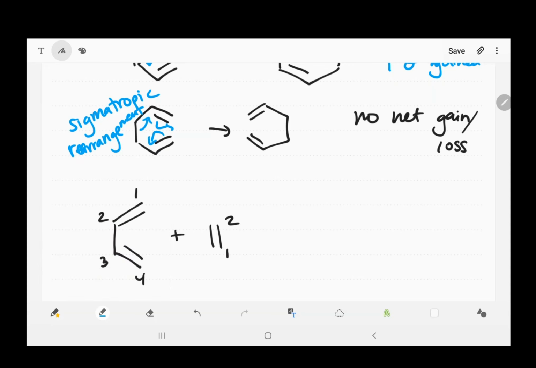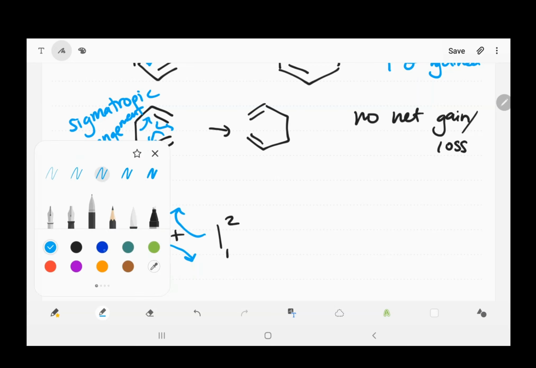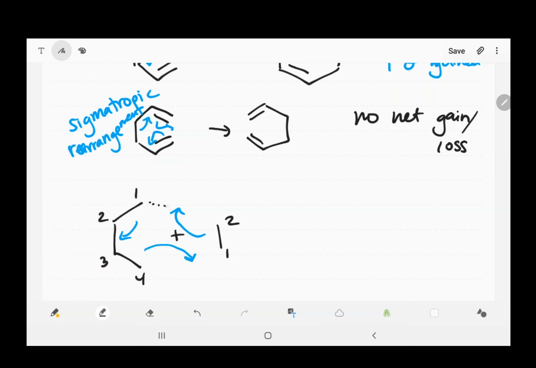If we go ahead and push some arrows, moving things around here, we're going to see we end up with a transition structure that is kind of our 6-membered ring. So I just get rid of all of our double bonds here. Our transition state is essentially a 6-membered ring.